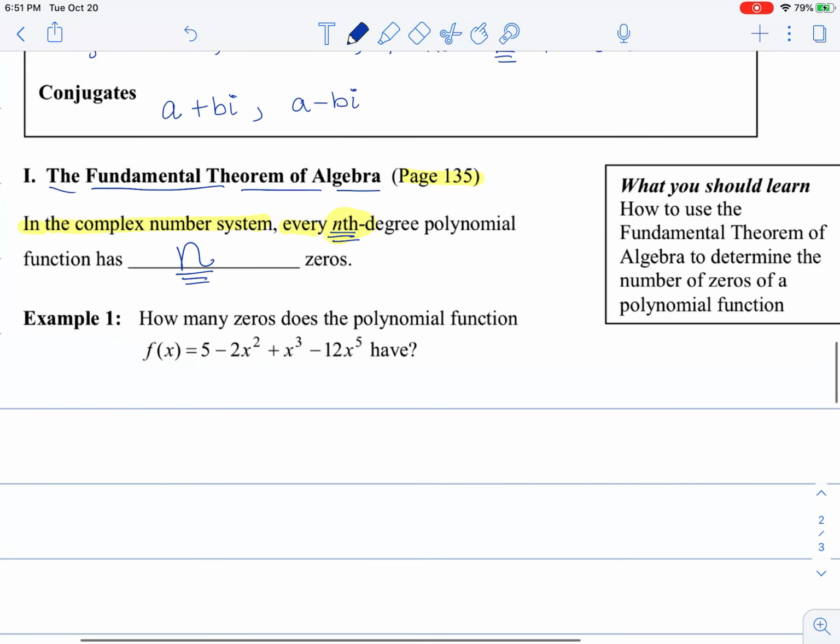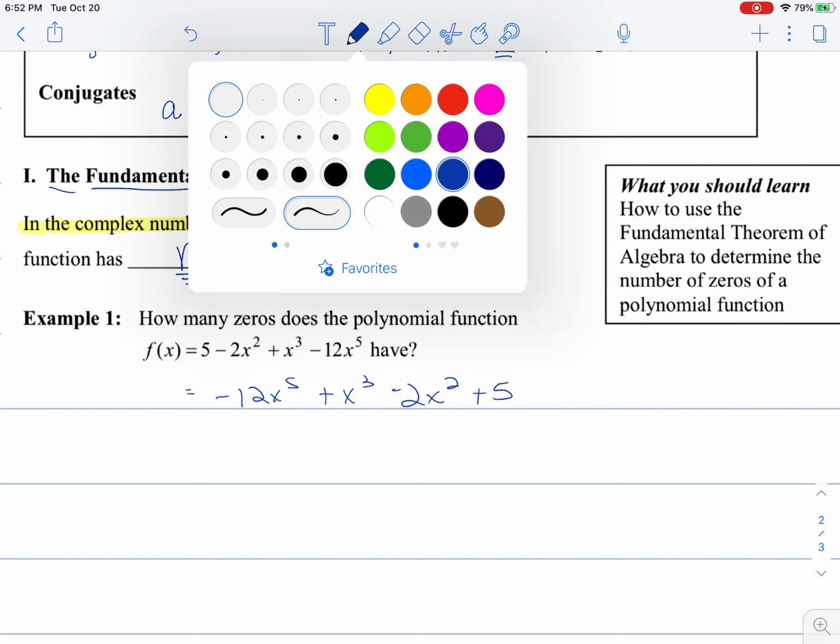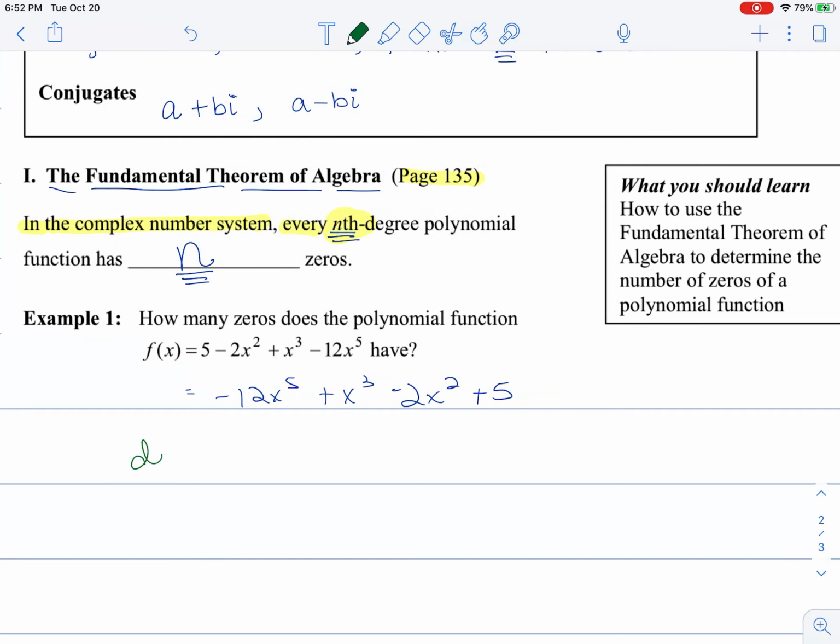So for example, how many zeros does the polynomial function 5 minus 2x squared plus 3x cubed minus 12x to the 5 have? So keep in mind, we can write this in descending order. We can say negative 12x to the 5 plus x cubed minus 2x squared plus 5. We know our degree is the highest exponent, which is 5.